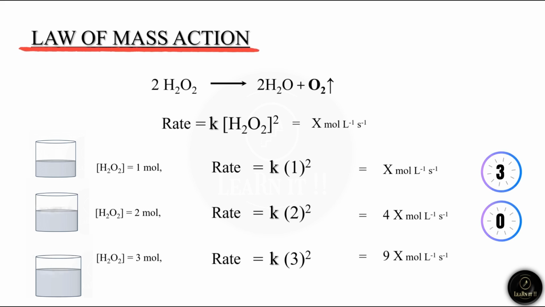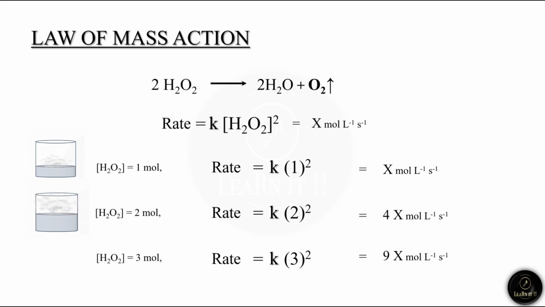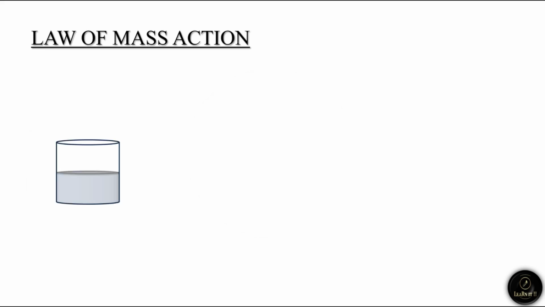So if we triple the concentration, then the speed will be increased by 9 times, or the time taken to complete that reaction will be reduced by 9 times. And we can also say this: as the reaction proceeds, we know the concentration will be decreasing.